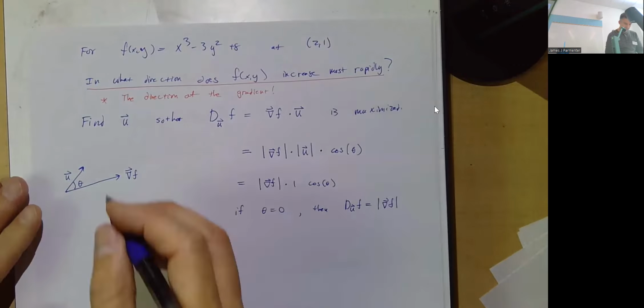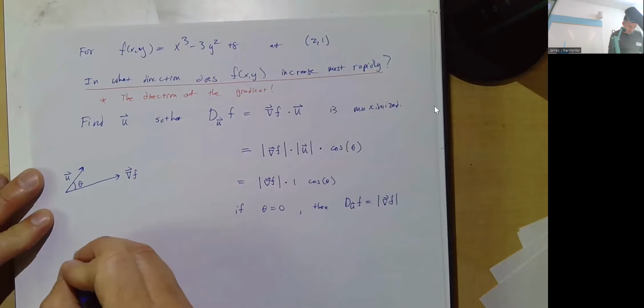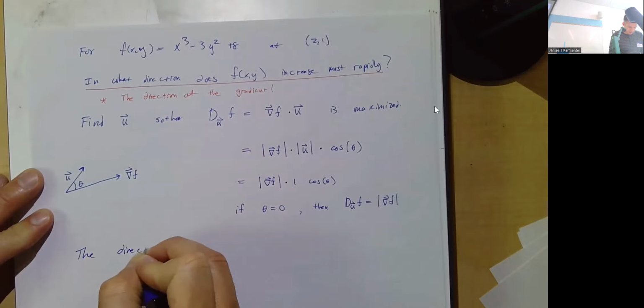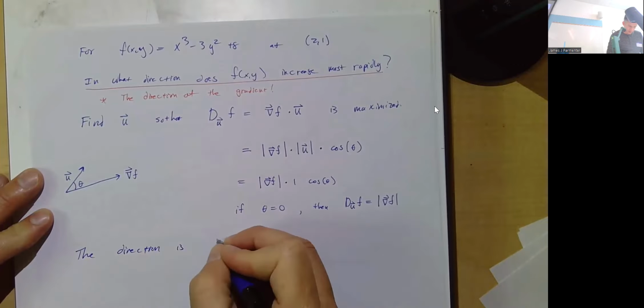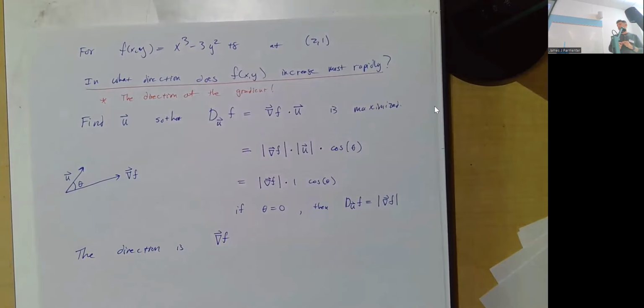So to answer this question, the direction is going to be the gradient. But again, when we're talking about direction vectors, they have to be unit vectors. Why? Because your teacher doesn't want 1,000 different answers. Really, that's the real truth. The reason we don't just say it's the gradient vector is because I don't want you to give me that vector, and you give me that vector divided by 2, and you give me another one.